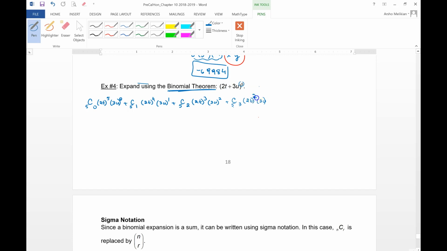Again, each time I make a mental note that my exponents are adding up to n.